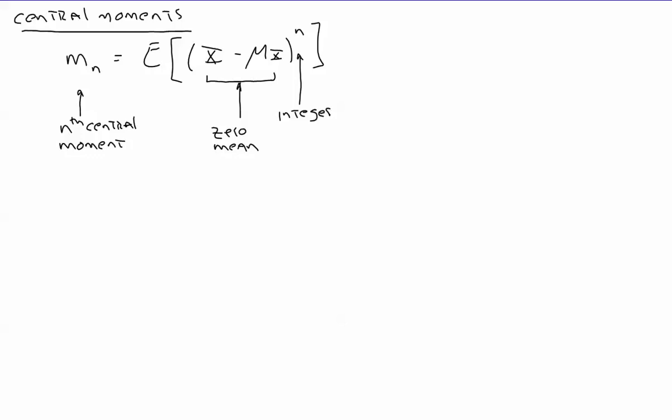The nth central moment is calculated this way: integral from minus infinity to infinity of x minus mu x to the nth power times the probability density function.